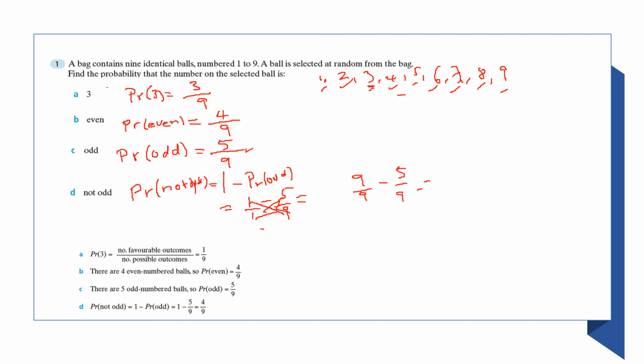So now we have the same denominator. We can then subtract 5 from 9, which in this case gives us 4 over 9. So the probability of this number not being odd is 4 over 9.